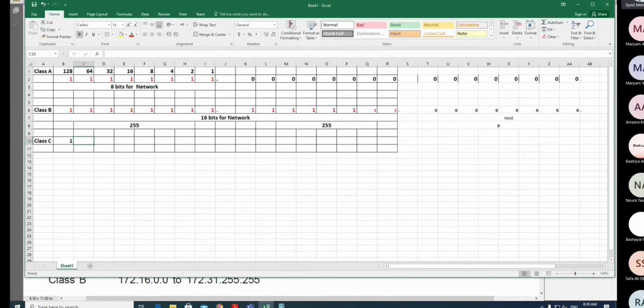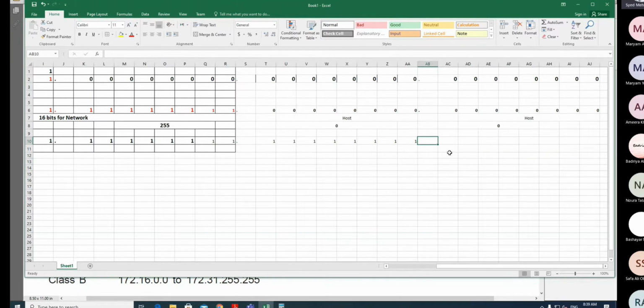So it means 1 1 1 1, 1 2 3 4 5 6 7 8. And dot, this is also 1, 1 2 3 4 5 6 7 and 8. Now only 8 bits for the host.